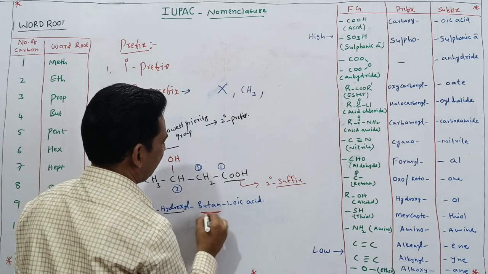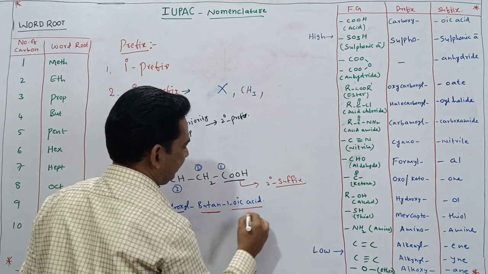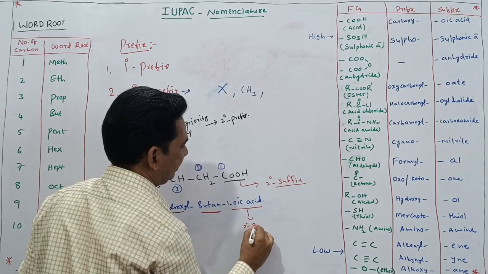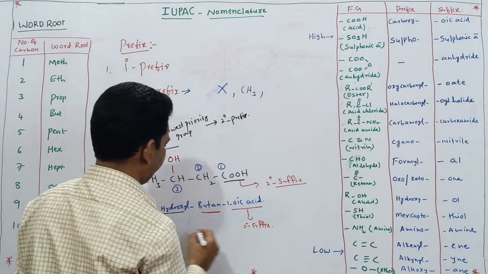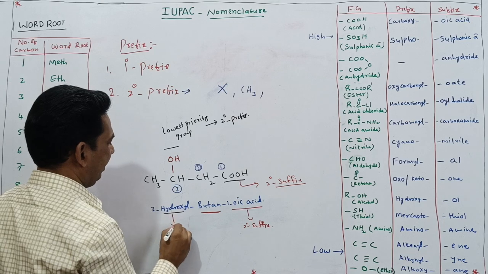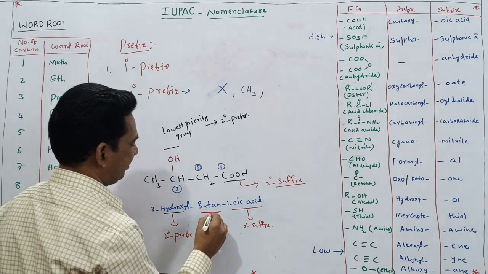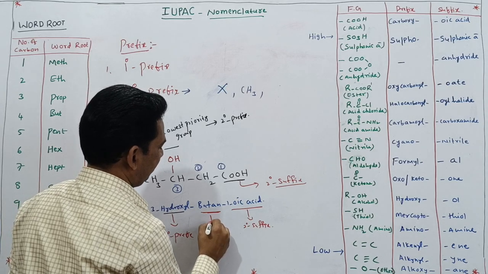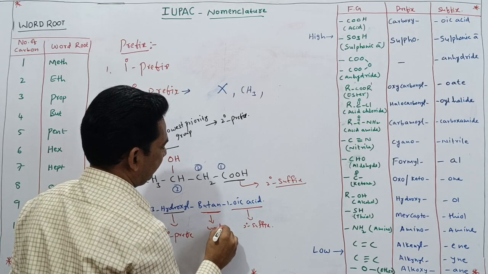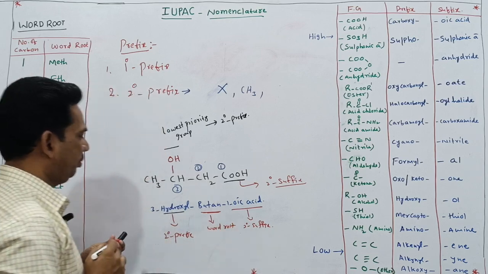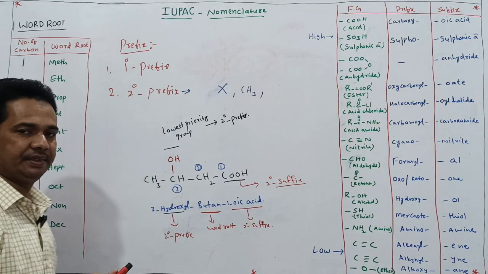This is the word root, this is the secondary suffix. But here we are discussing the secondary prefix. This is the secondary prefix, this is the word root. I hope you understand the secondary prefix.